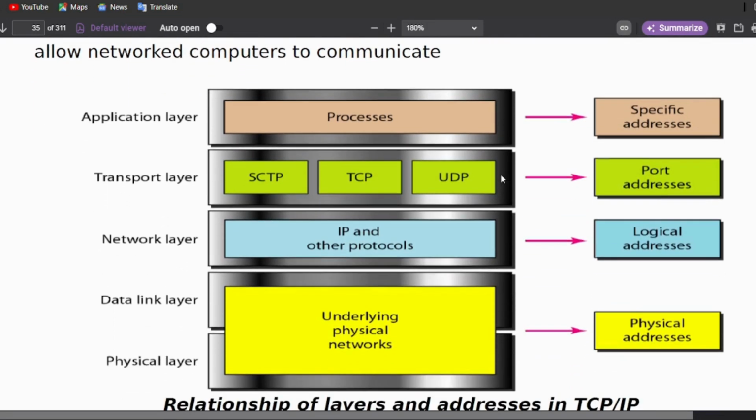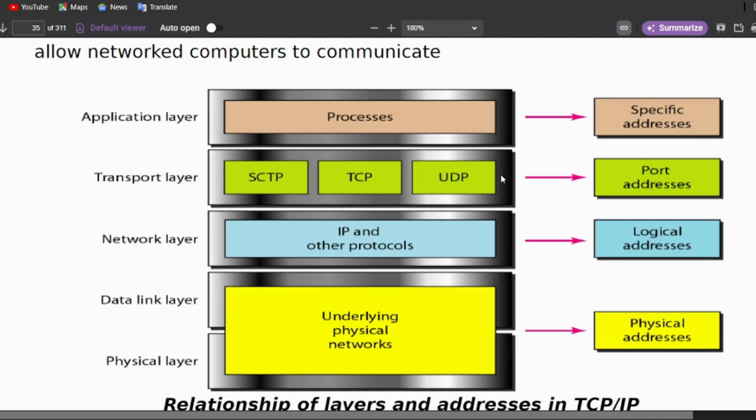So here we have the application layer, which has the processes which specify the addresses. At the transport layer we have SCTP, TCP and UDP, which use port addresses. Like one computer has its own IP address and MAC address, so like that we have connections, connection-oriented connections. In connections we have different types: TCP, UDP, SCTP.